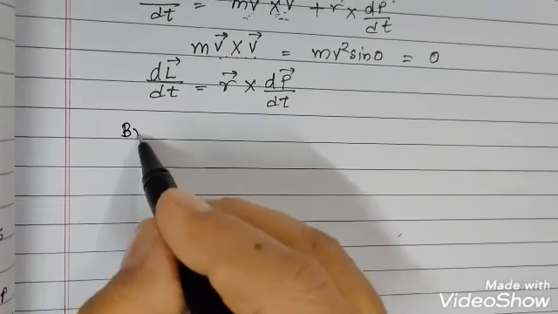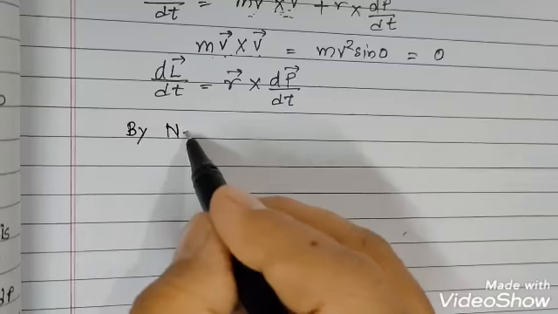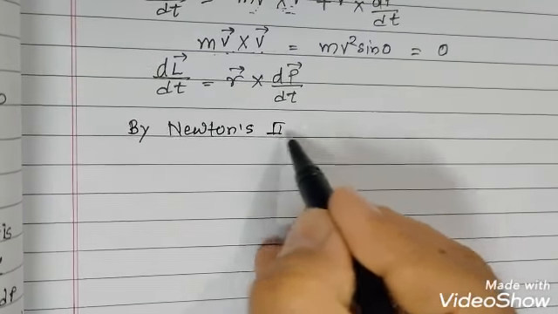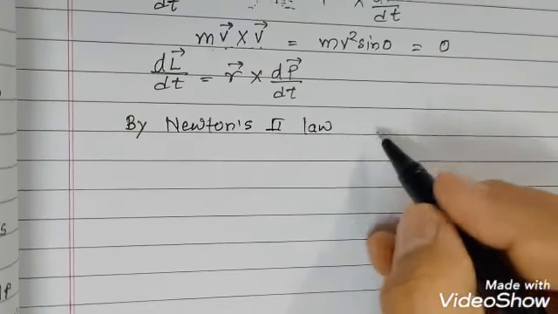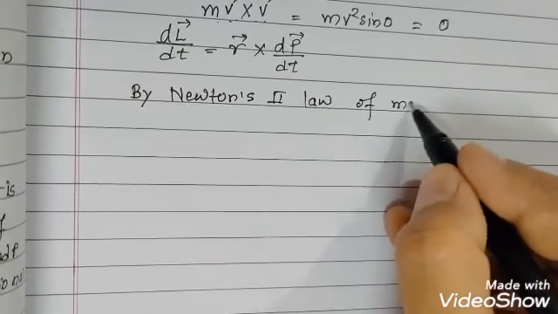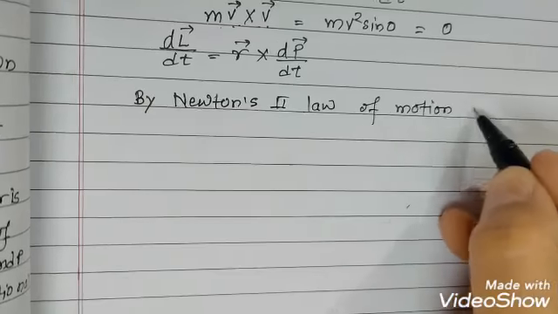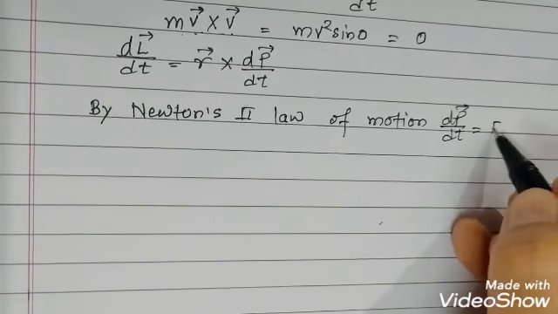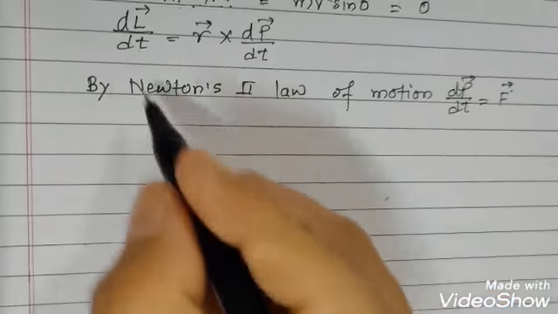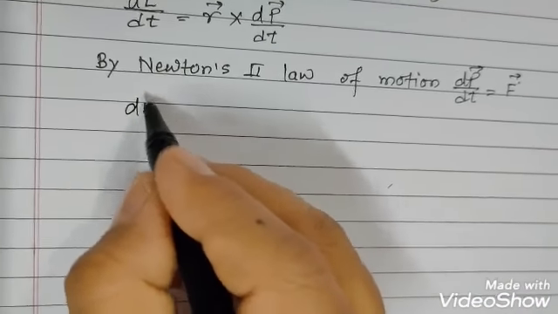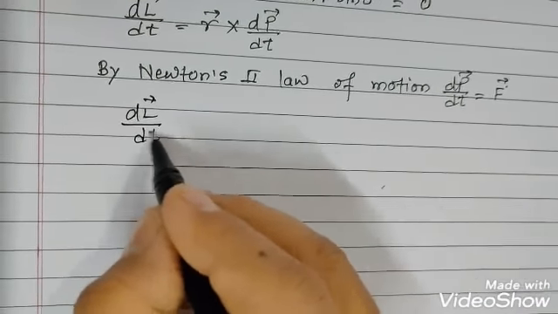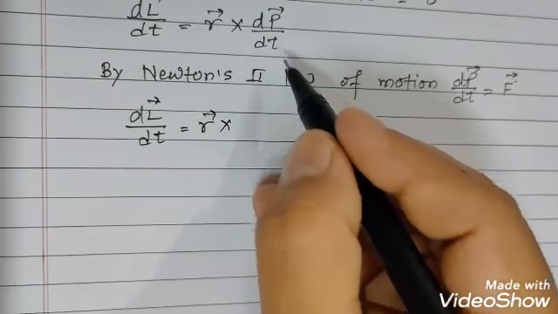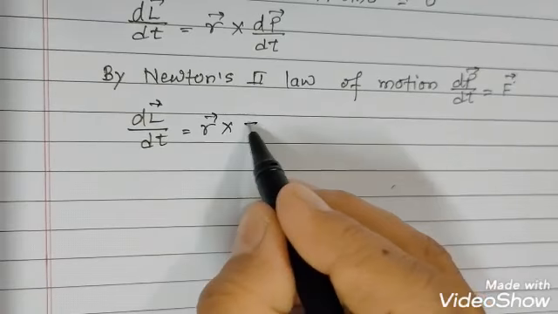So we apply Newton's second law: dp upon dt can be written as force. So we replace the quantity: dL upon dt is equal to r cross, and in place of dp upon dt we write F.